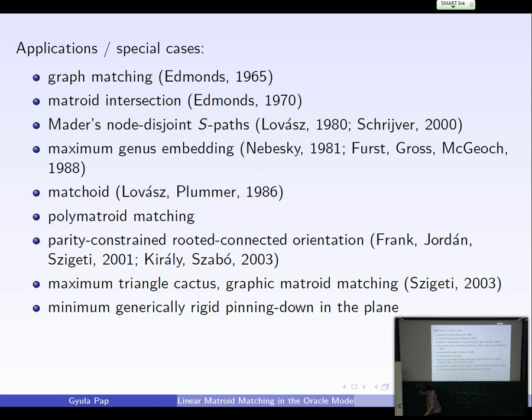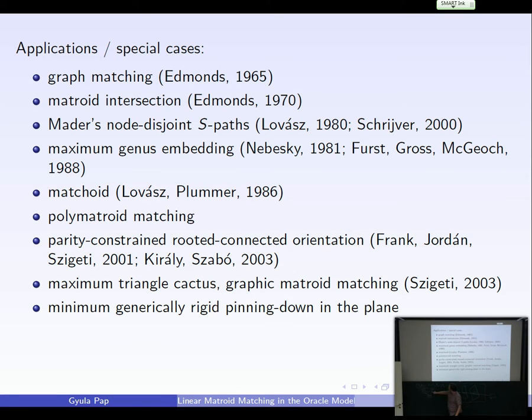So within the graph, we have these disjoint sets, and we want to find the maximum number of fully node disjoint paths.